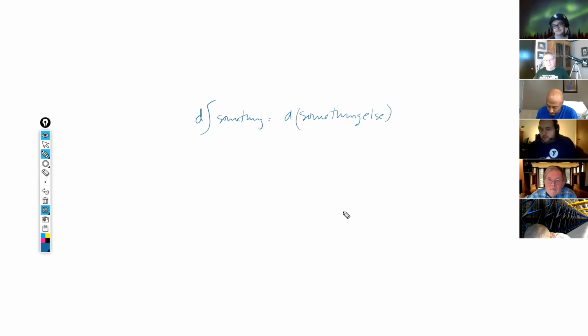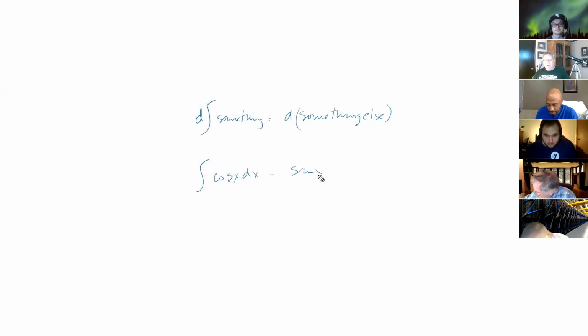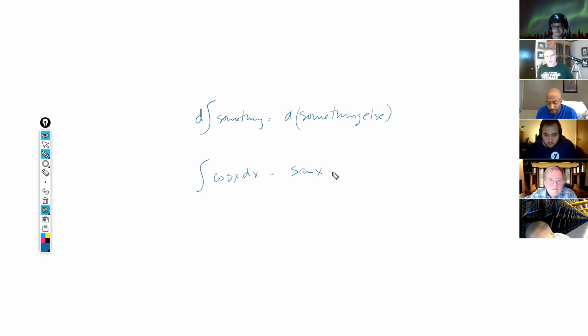Make sense? And in this case, I said the integration of cosine of x dx is equal to sine of x. Do you agree? So what is something? Cosine of x dx. What is something else? Sine of x.